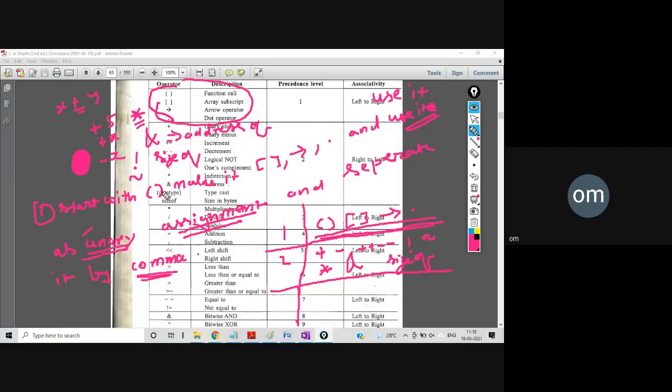What we wrote: start with round bracket, make it square, arrow, dot, and use it as unary assignment. After that, the assignment operator will come. Remember, assignment and comma are the second last and last operators. The comma operator is the last operator.